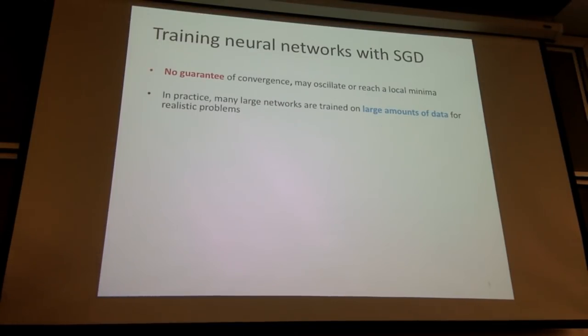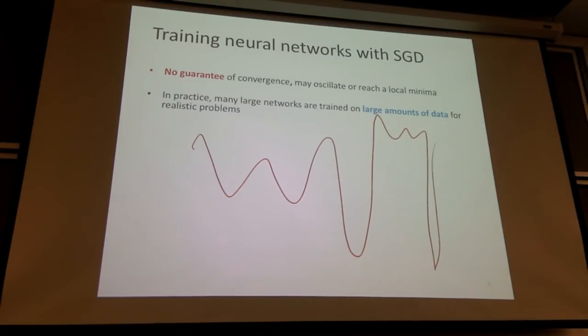Meaning the loss function that you are optimizing may, for example, look like something like this. And if you start here, you end up here. If you start here, you end up here. If you start here, you end up here. But really the best one requires you to have started inside this little valley. So what can you do? In practice, I don't know why, for realistic problems, large networks seem to converge when you have tons of data.